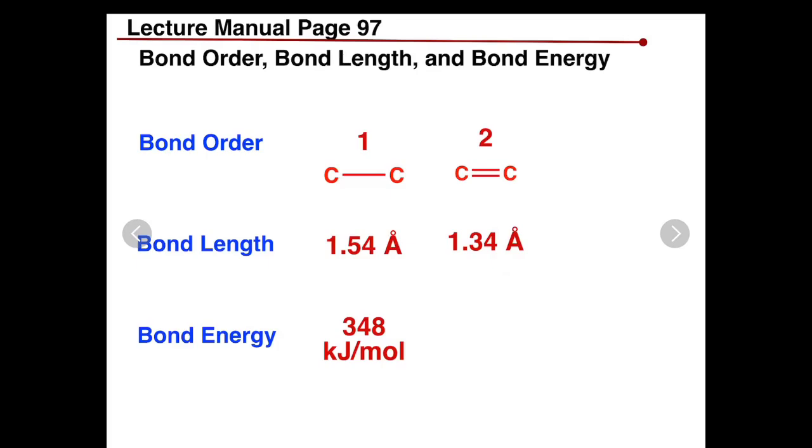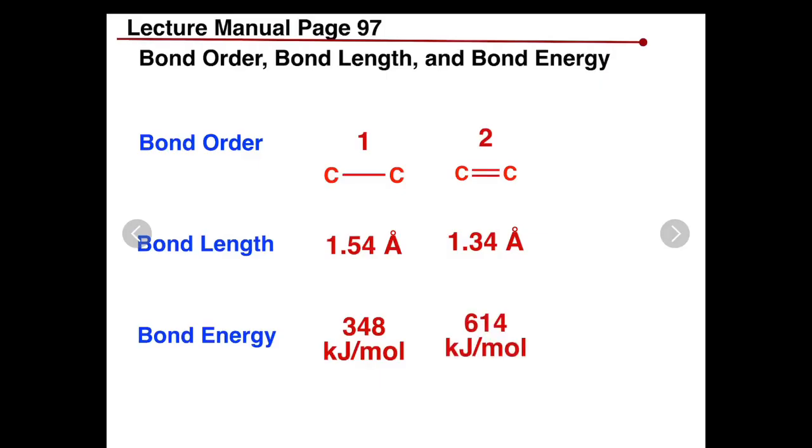Therefore, when they form bonds, they end up with different bond lengths. I'm bringing this up because I know the value for carbon. The energy required to break this double bond apart is 614 kilojoules per mole.